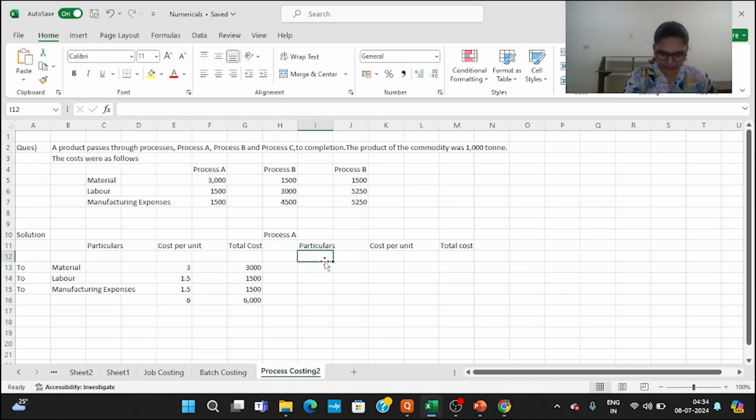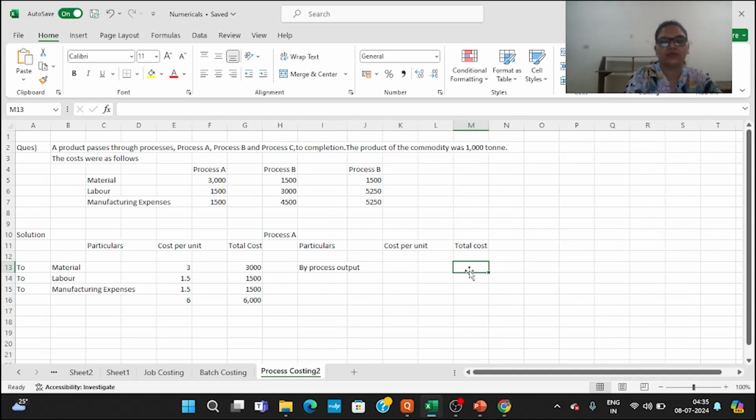Now we will move on to the credit side. We all know total cost is 6000. We will carry this total cost to the credit side, and it will be shown as by process output. By process output, it's 6000, and its cost per unit, we all know, is 6.